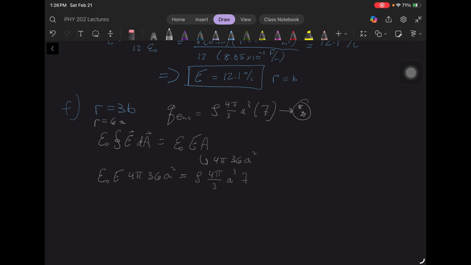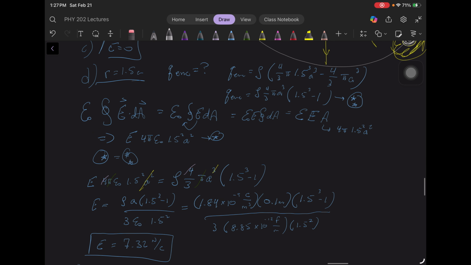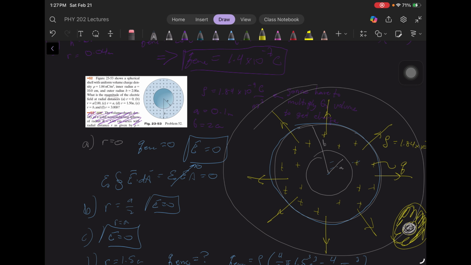Actually, before we go further, let's see. So both E and F both have all the charge enclosed. So you might kind of think, oh, we're going to get the same electric field. But we're further away from the charge, so we should be getting a lower electric field, which we can see if we continue our field lines out to the point where they hit our new Gaussian surface.